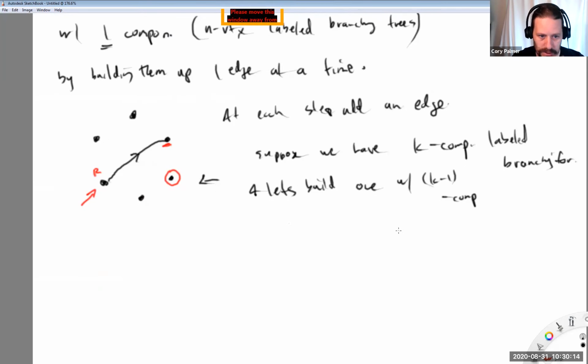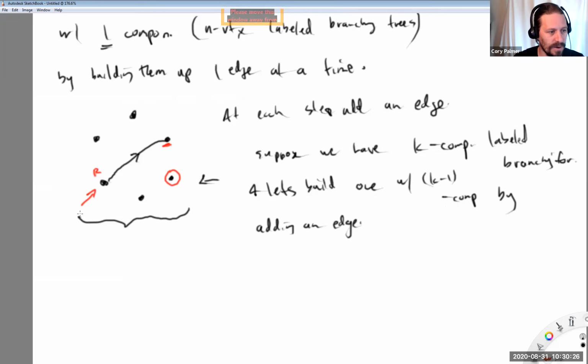Okay, so let's build one with k-1 components by adding an edge. So I want to count the number of ways I can add an edge. Let's go back to this example for 1 second and figure it out here. When I drew this edge here, how many choices did I have for that edge?